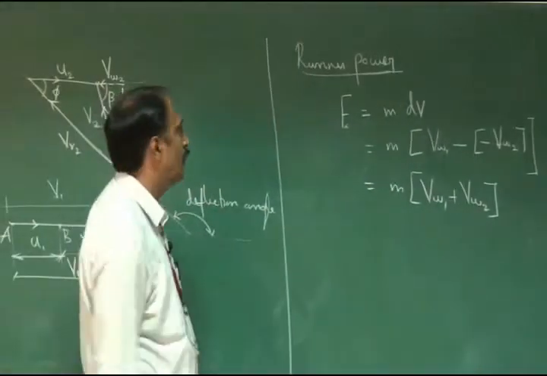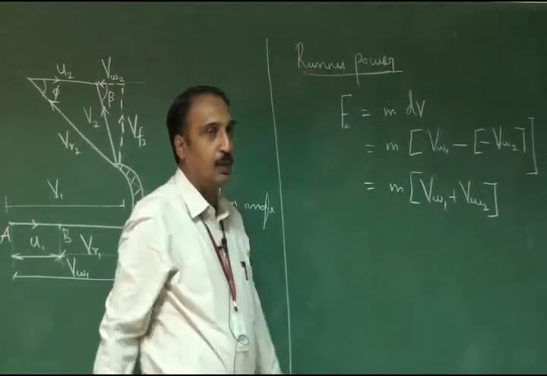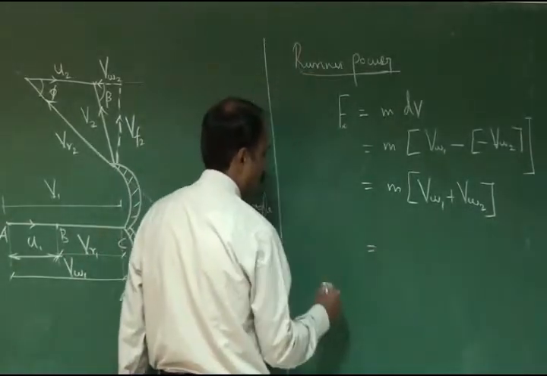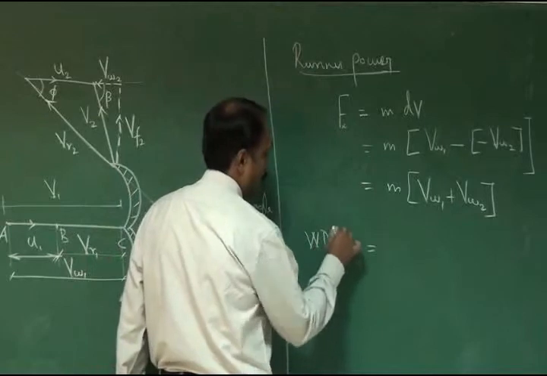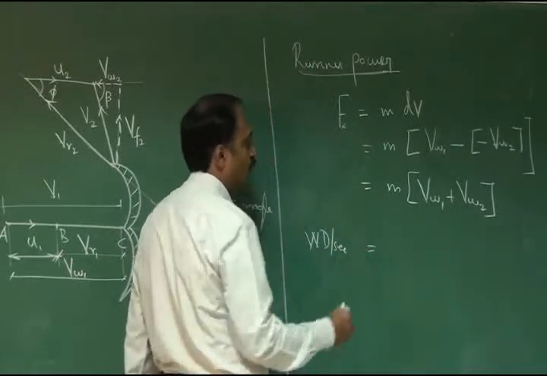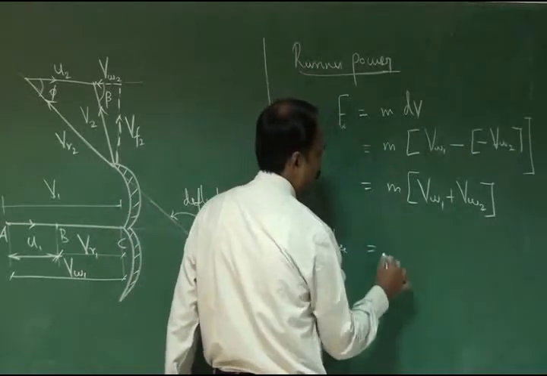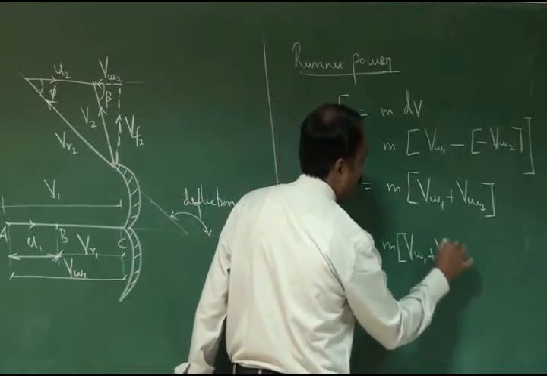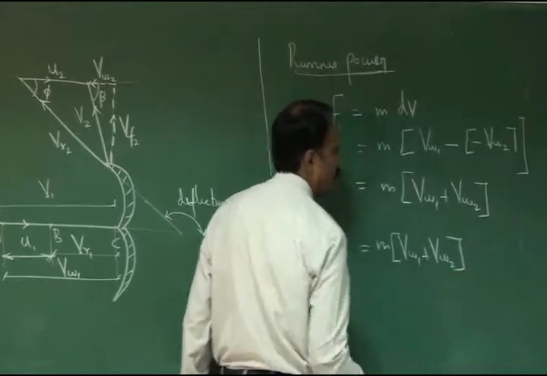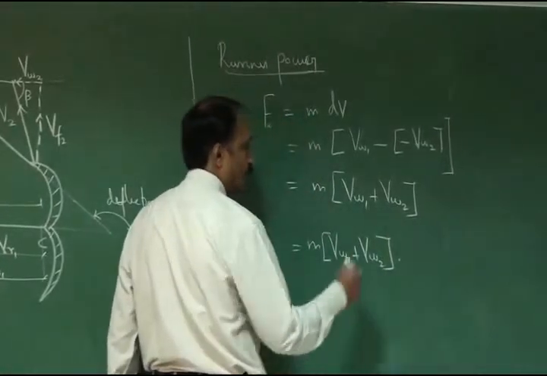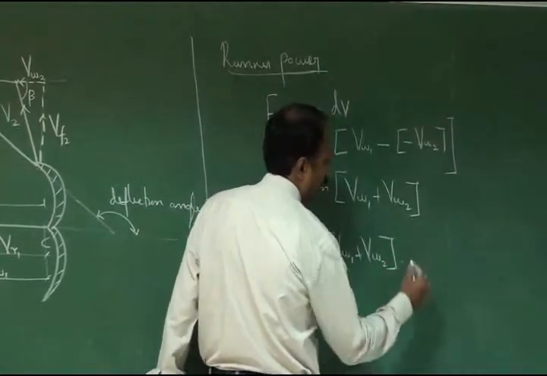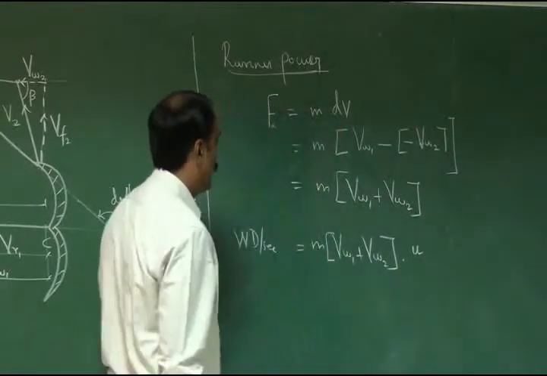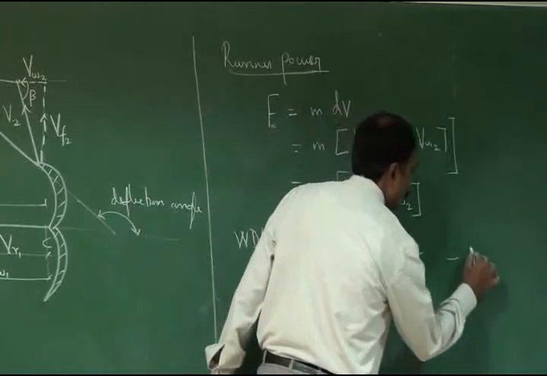Then, finding the runner power, which is the work done on the plate by the jet, equal to work done per second, equal to force into distance. Force is m into (vw1 plus vw2), into distance moved by the bucket per time, u. So this is the one equation.